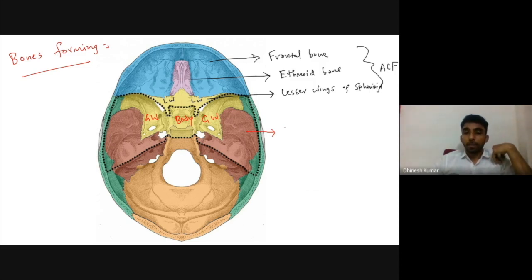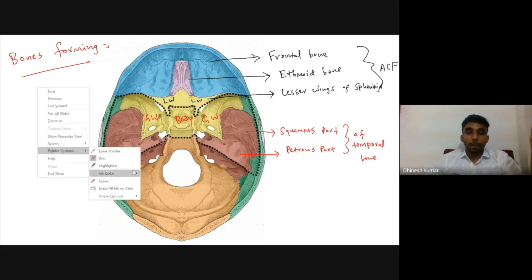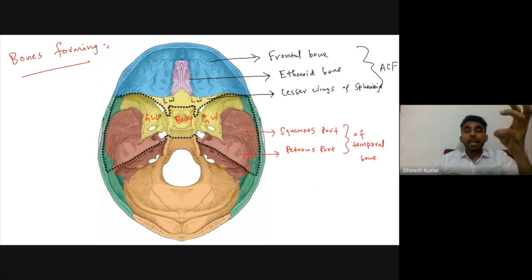Specifically, this is the squamous part of temporal bone, and this is the petrous part of temporal bone. They are also forming the middle cranial fossa, right? So the bones forming the middle cranial fossa are mainly the body and the greater wings of the sphenoid bone.